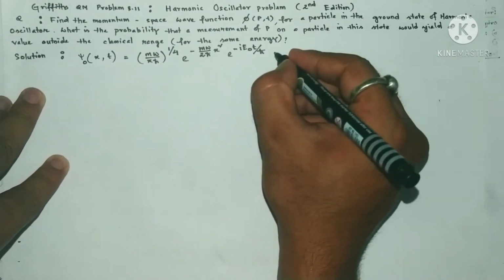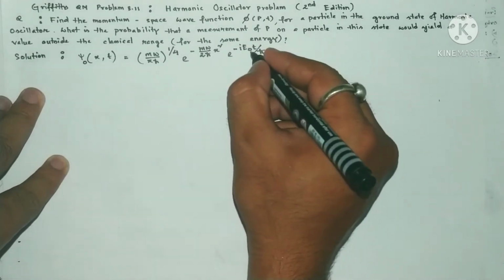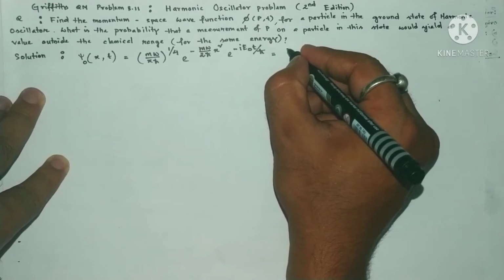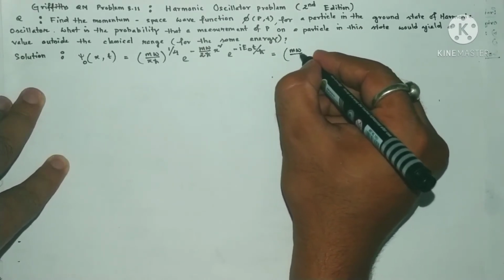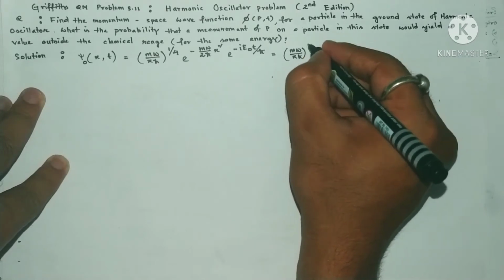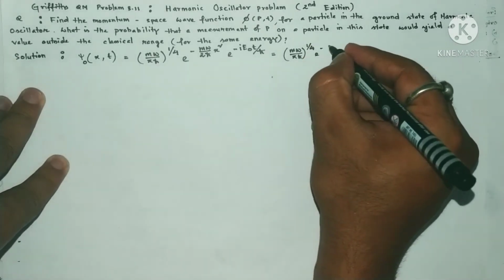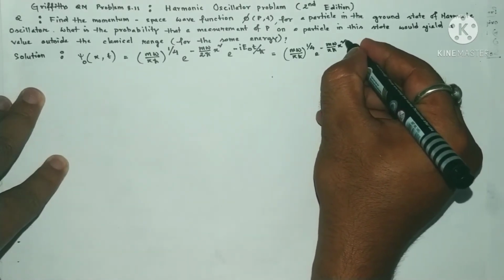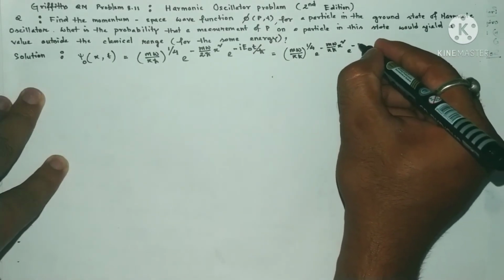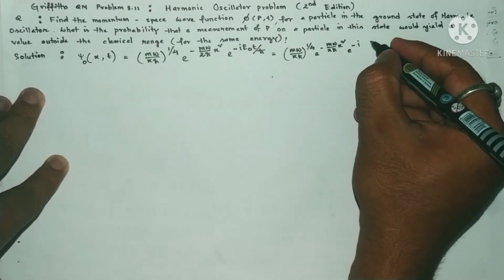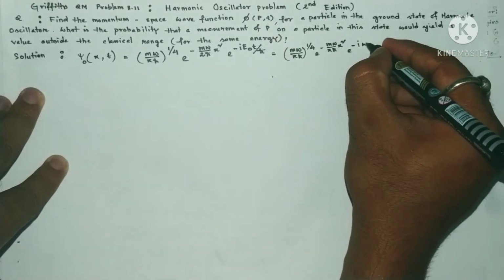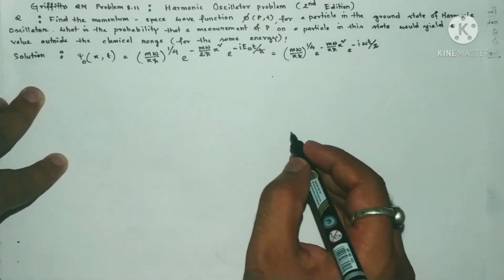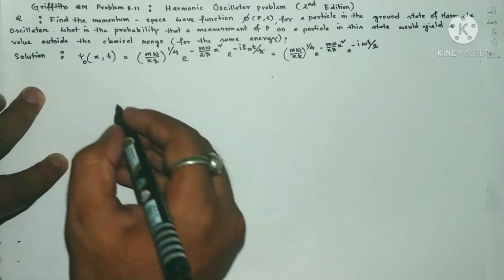If I replace E naught by half h cross omega, since it's the energy for the ground state, the h cross gets cancelled and we get e raised to minus i omega t by 2. So this is the ground state wave function.